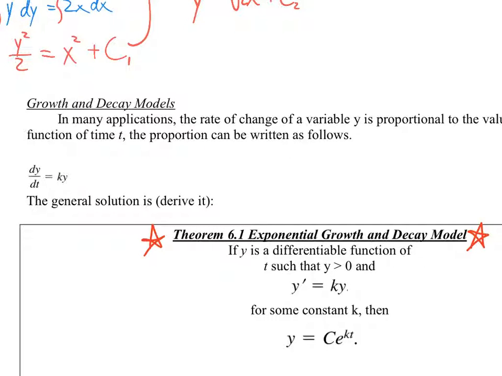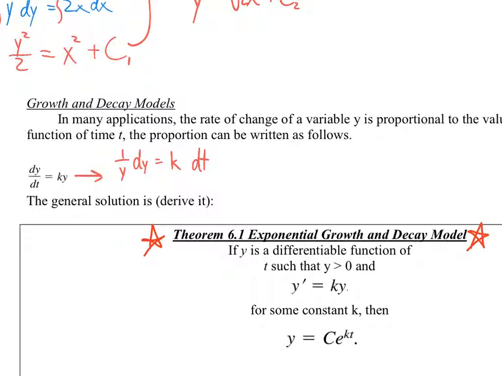All right, so if I'm going to go ahead and figure out a general solution, I can again separate the t's from the y's, in which case I would have 1 over y dy equals k dt, and k is a constant, right? That's the constant of proportionality, because it's directly proportional.